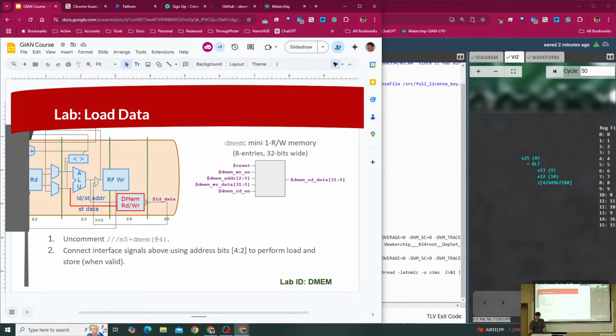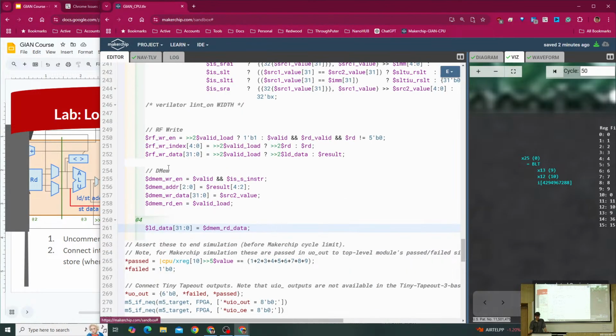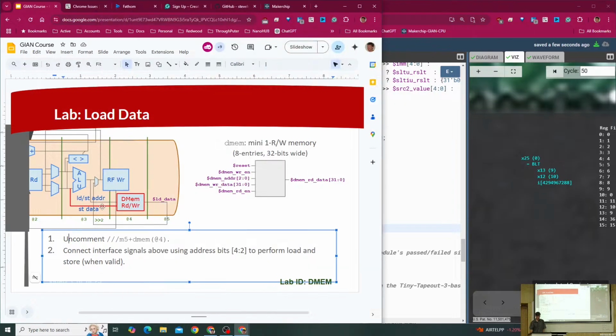You're suggesting that this remained 3, but we do ahead by 1, right? If we were to do that, we would be doing an assignment of load data at 3 to the DMEM read data at 4.